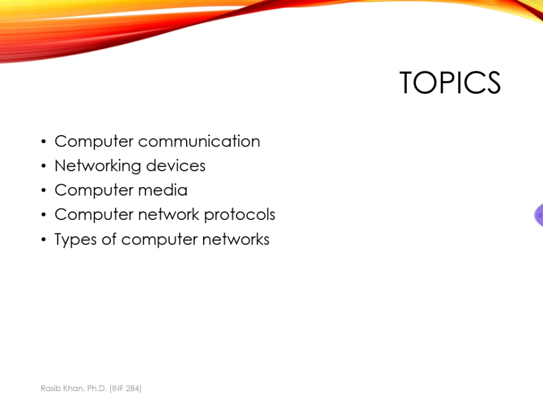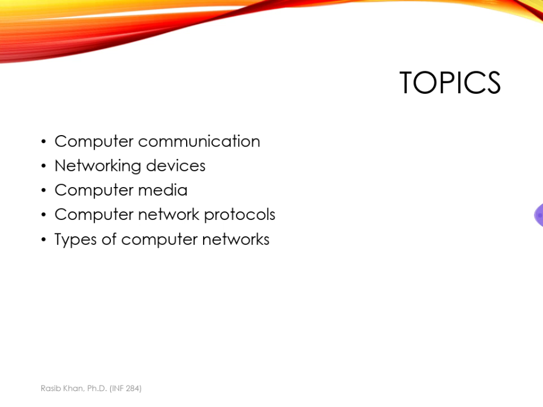Following that, we will have a quick overview of the basic understanding of what network protocols are, followed by the different kinds of computer networks which are there to facilitate different forms of architecture and use cases.